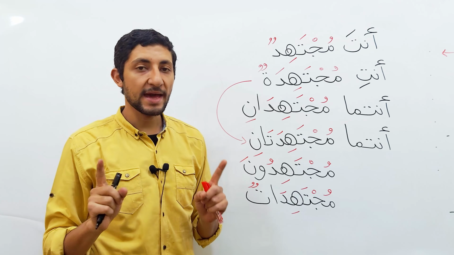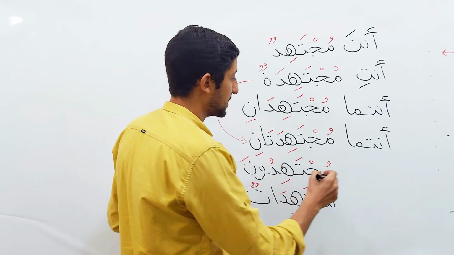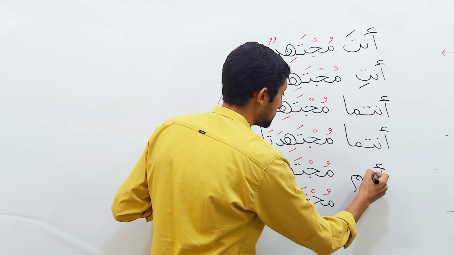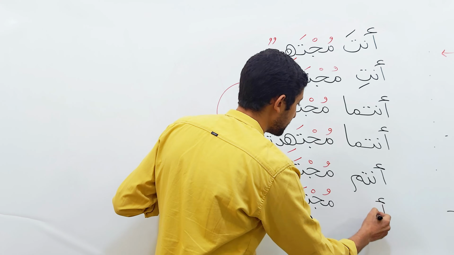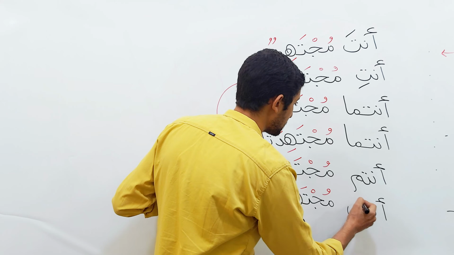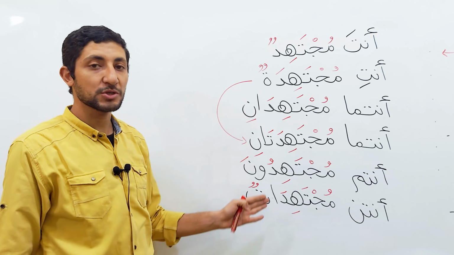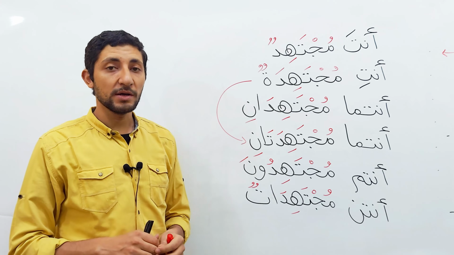For plural, we have two different pronouns, one for masculine and one for feminine. For masculine, we use أنتم, and for feminine, we use أنتن. Okay, we didn't change anything in these predicates or these words because we already did the required changes.